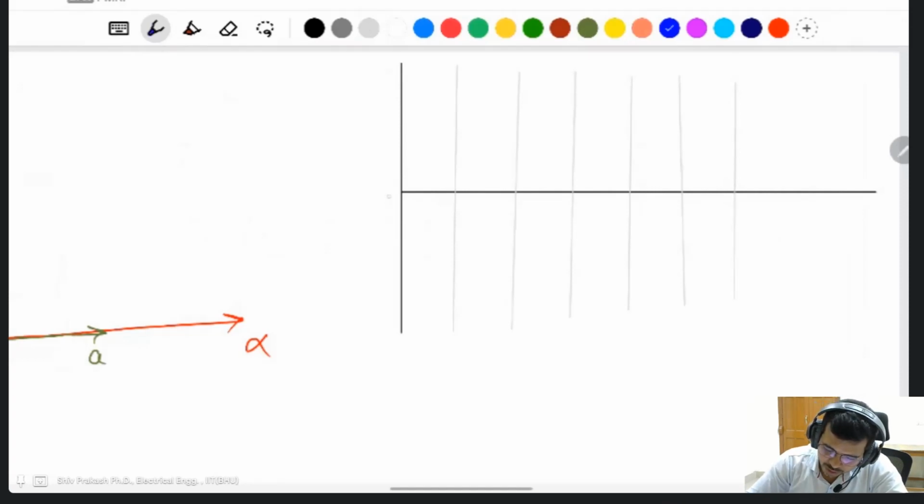You take as angle 0, pi by 3, 2 pi by 3, pi, 4 pi by 3, 5 pi by 3, 2 pi.